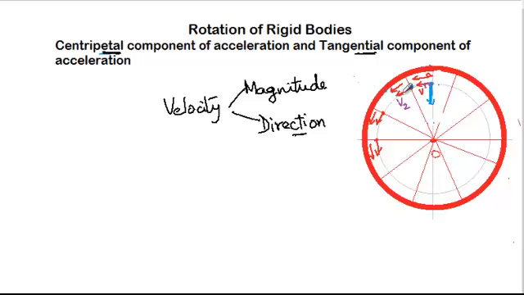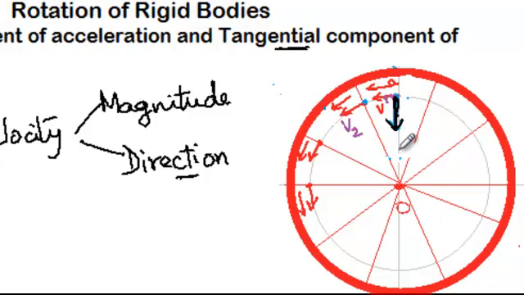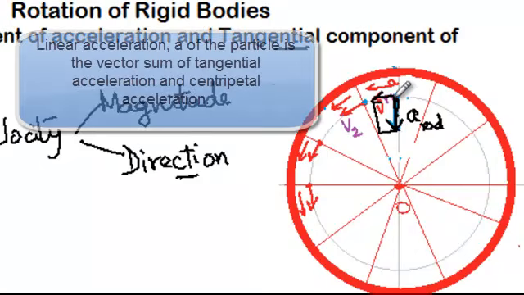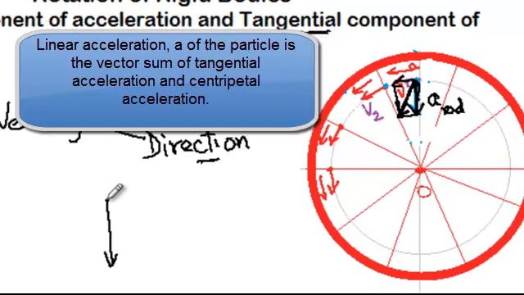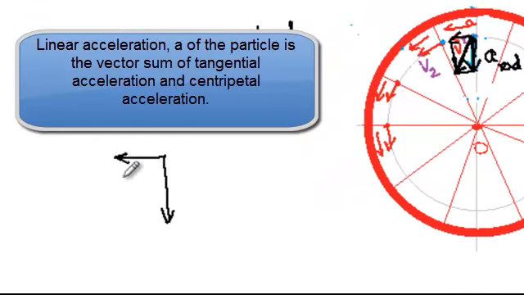Now the vector sum of the centripetal component, which acts along the radius towards the center of the circle, and we'll denote this as A subscript radially acting, and the other is the tangential component. The vector sum of these two accelerations gives us the acceleration A of the particle. So the acceleration A is the vector sum of the centripetal component and the tangential component.